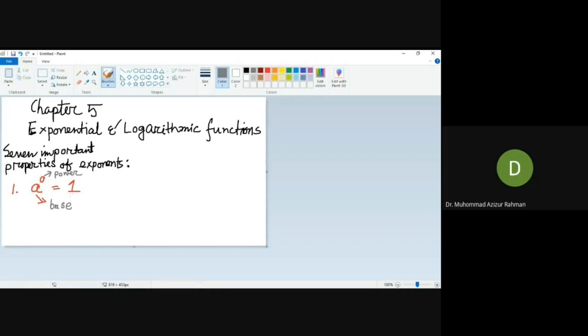Second rule, so second property. Any function a to the power x into a to the power y equals a to the power x plus y.